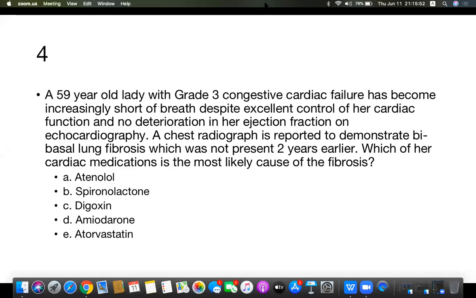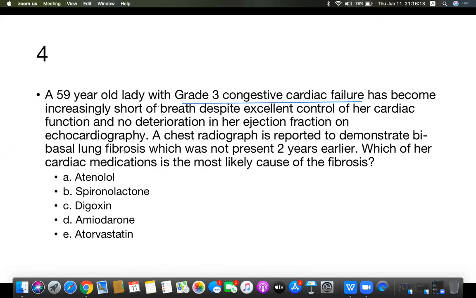Now she is a 59-year-old lady with grade 3 congestive cardiac failure, which means with a slight amount of exertion she develops dyspnea, and she has a lot of signs and symptoms of heart failure.